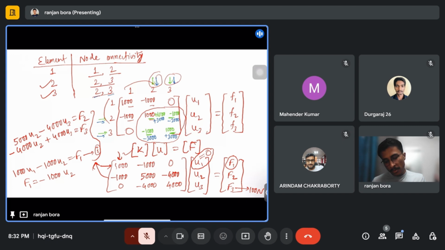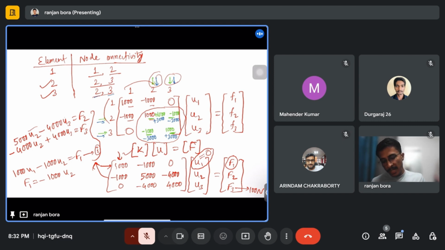Because u1 is 0, I have not written the u1 term here. I have written u2, u3, and f2 and f3. So is this clear?